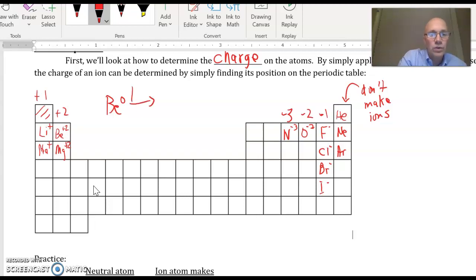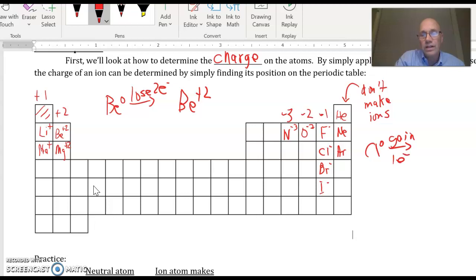It would want to lose 2 electrons, and when that happens, that gives it a +2 charge. You can do the same thing on this side. Chlorine would want to become like argon, so neutral chlorine would want to gain 1 electron, and when it gains 1 electron, it becomes chloride, chlorine minus.